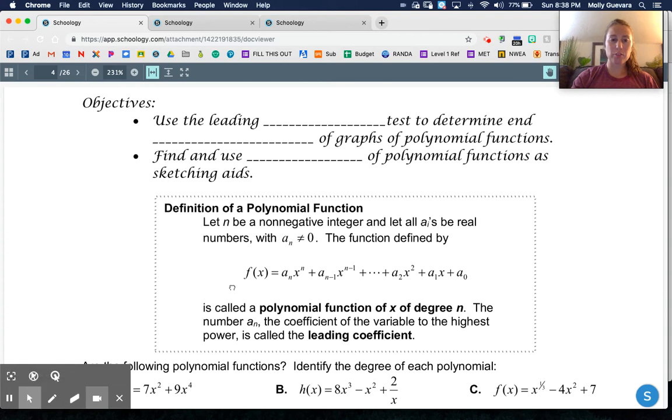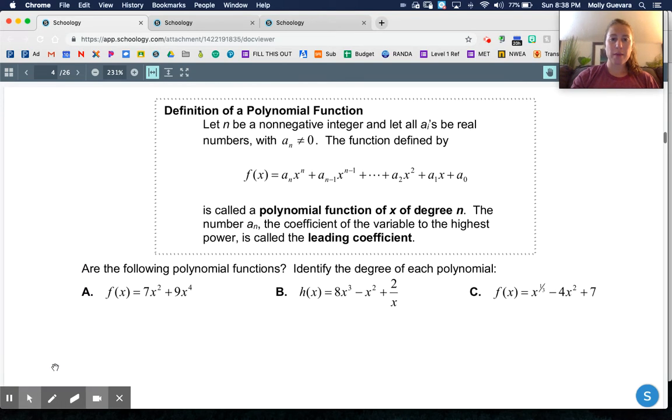I'm going to scroll down a little bit. There we go. My exponent has to be positive or 0, and it has to be an integer, meaning it cannot be a fraction or a decimal. And then all the numbers in front of the variable have to be real numbers.